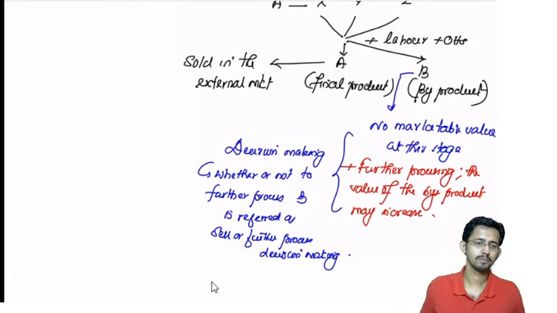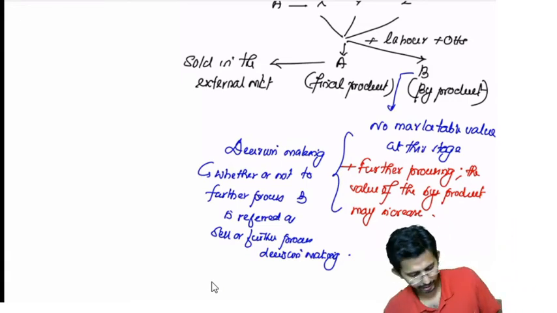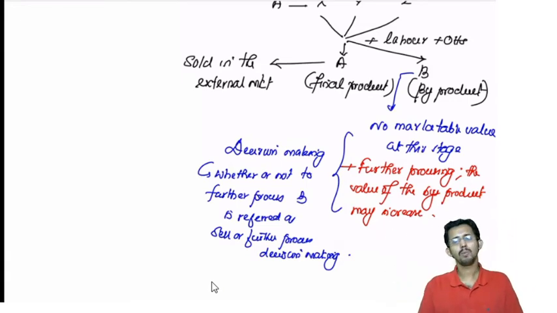What you have to do here is see what is the cost of further processing, and it should be compared with the sale proceeds that it is likely to fetch, and take a decision on that.